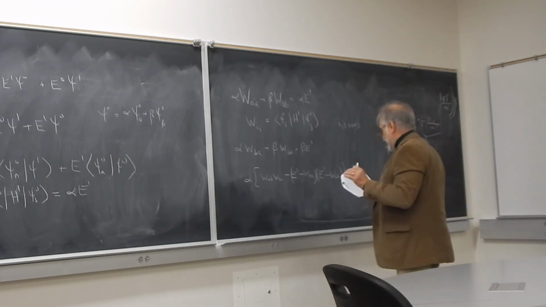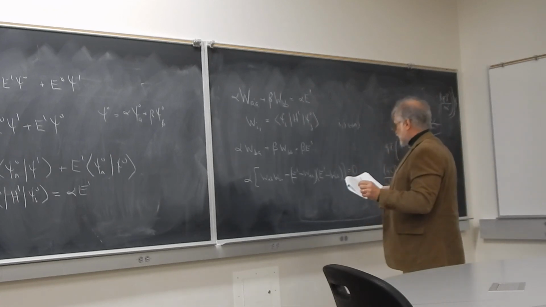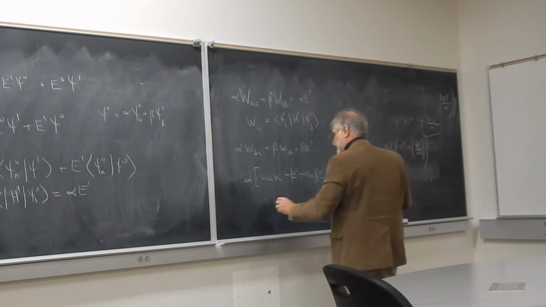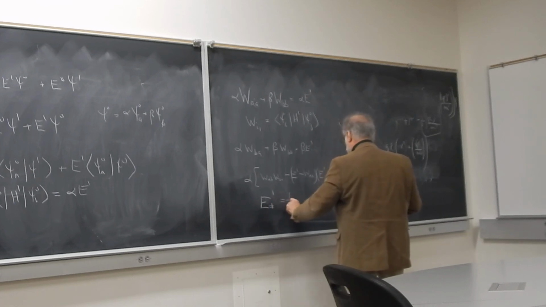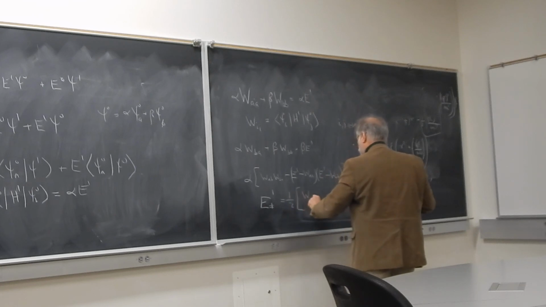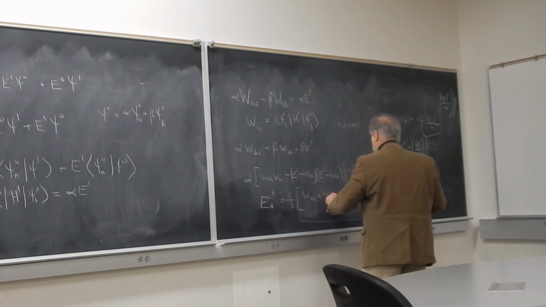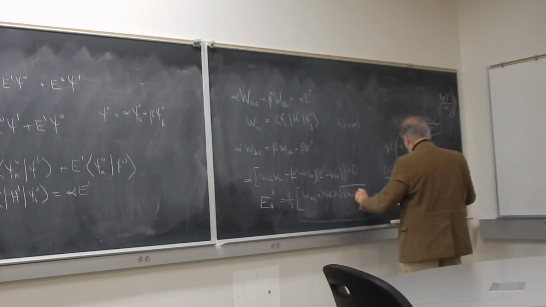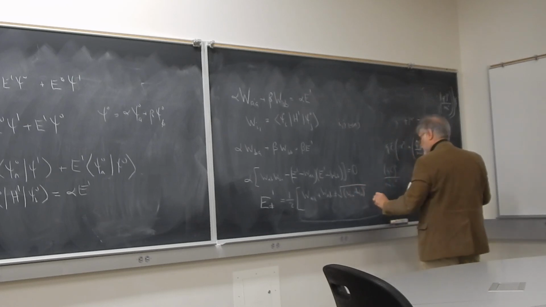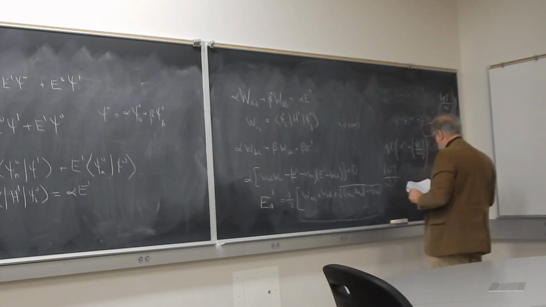Now, since WBA equals WAB star, we can write a fundamental result in degenerate perturbation theory. E plus minus 1, the first order correction, is 1/2 (WAA plus WBB plus or minus the square root of (WAA minus WBB) squared plus 4 WAB squared).